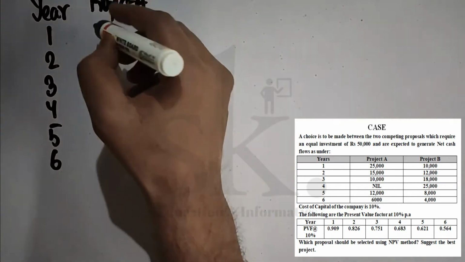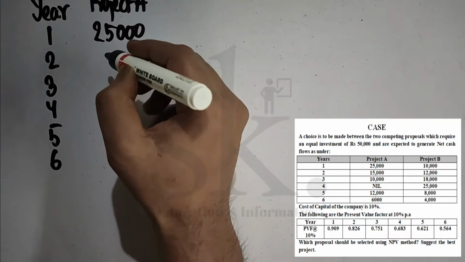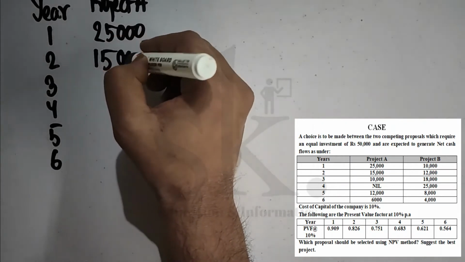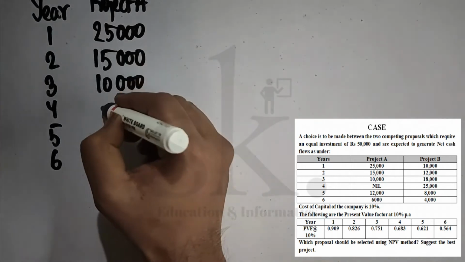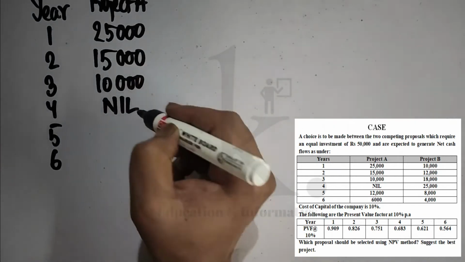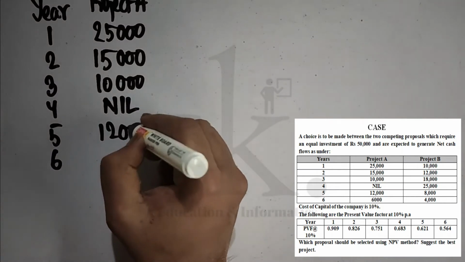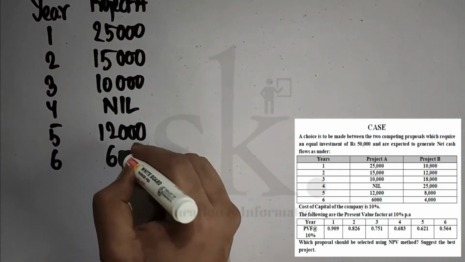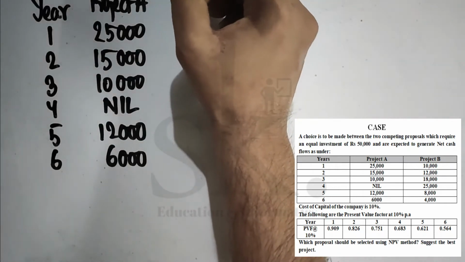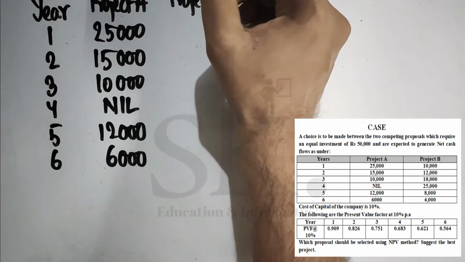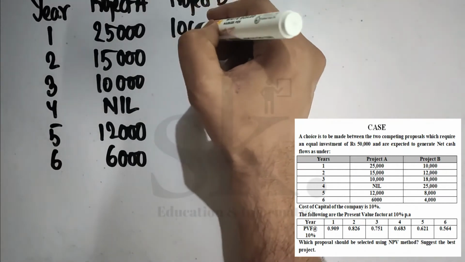So project A is 25,000 for year 1. Then we have 15,000. These are all mentioned in the problem. Then 10,000. Now here comes one important thing, it is nil. So we don't get any money in year 4. Thereafter it's 12,000, and finally 6,000. Now let's refer to project B. In the first year I'm getting 10,000.